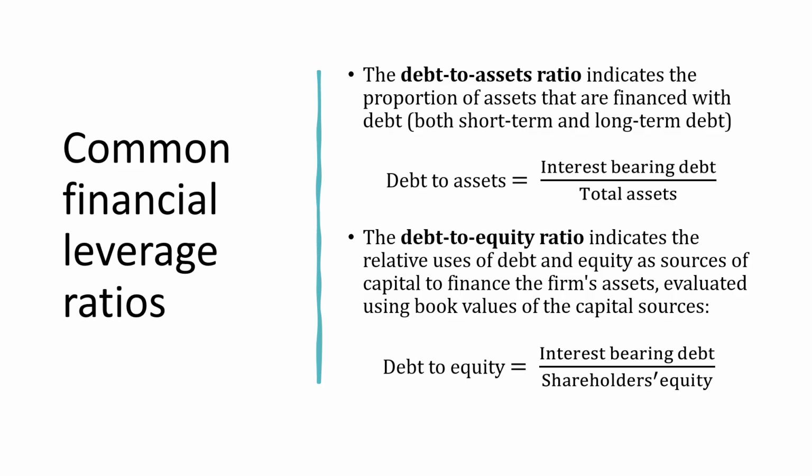And the debt we're talking about here is interest-bearing debt. So we're not talking about accounts payable, accrued wages, or any of that, but we're talking about interest-bearing debt that can be short-term, such as the current portion of long-term debt that's due, or some notes payable that may be due within a year, may be classified as short-term, but they are still debt.